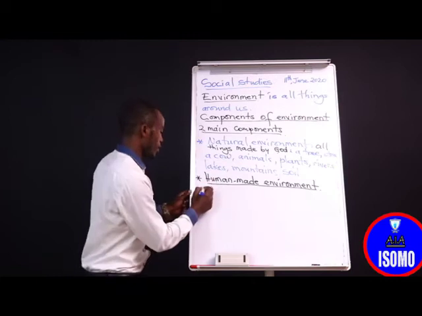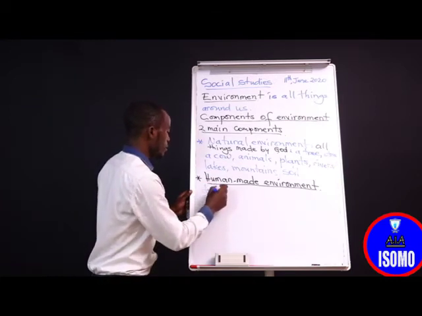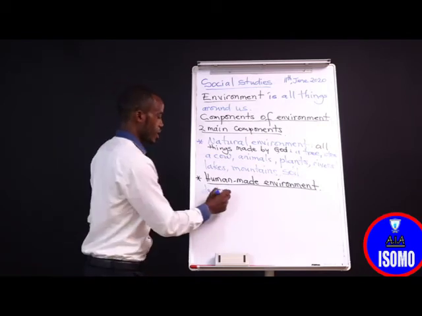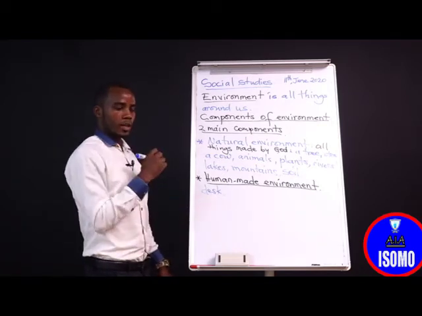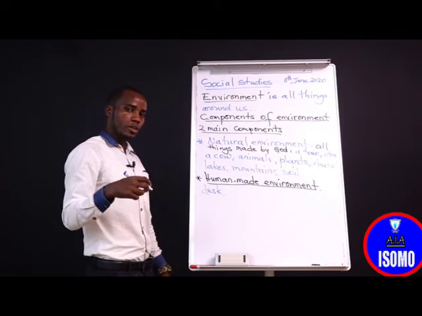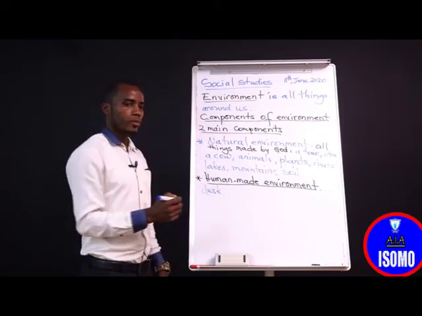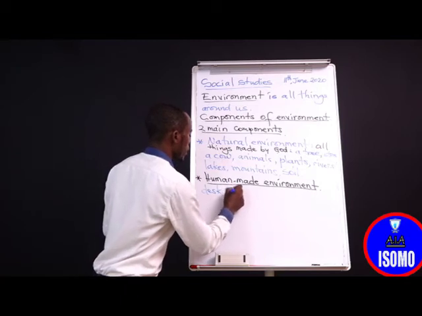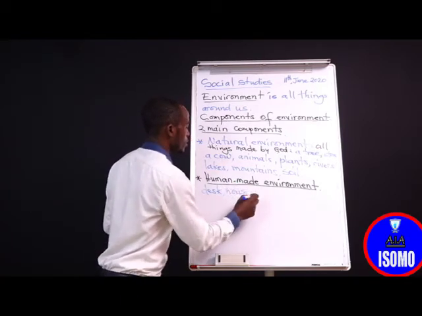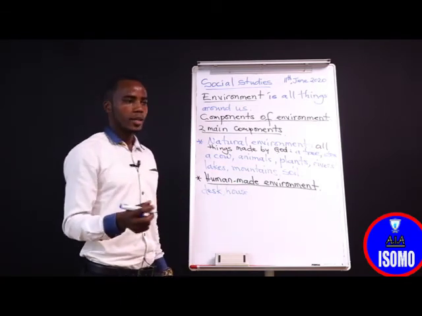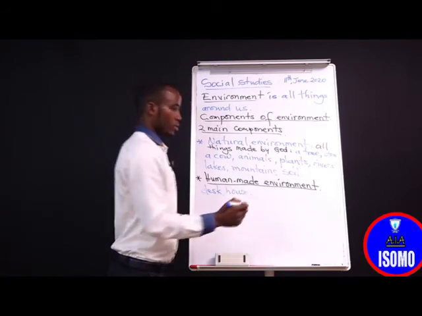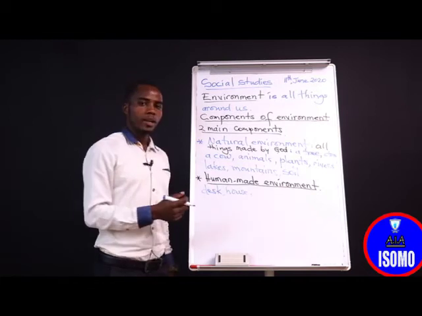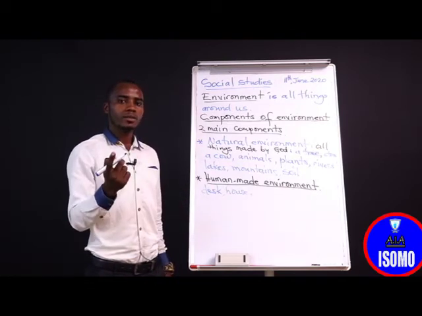Desk. A desk is made of timber. And those timbers are used by people. Another one? House. A house is made of sand, cement, some trees, timber, and so on. Another one? A car.